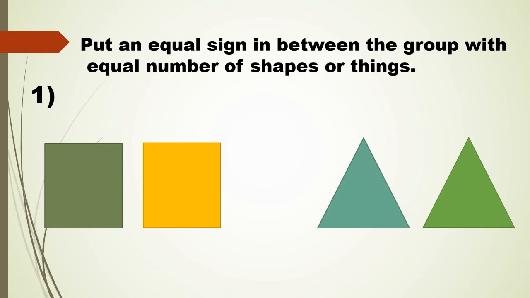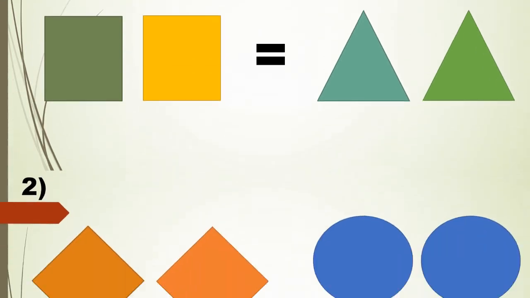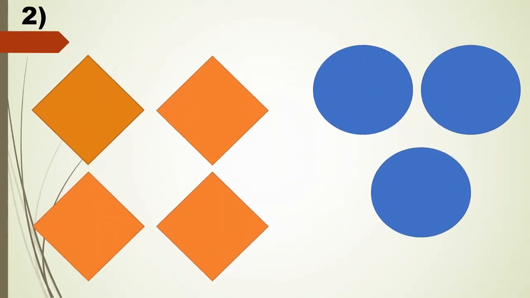So we can put equal sign here. Now look at second question. One side having 4 shapes and the other side having 3 shapes. It means the number of shapes on both sides are unequal. So we cannot put equal sign here.